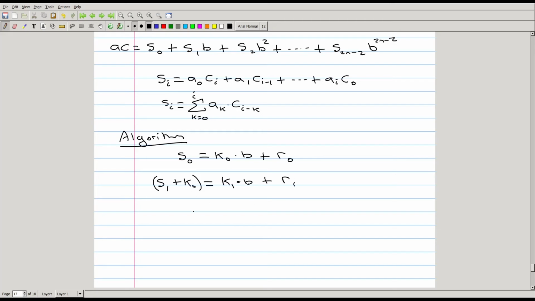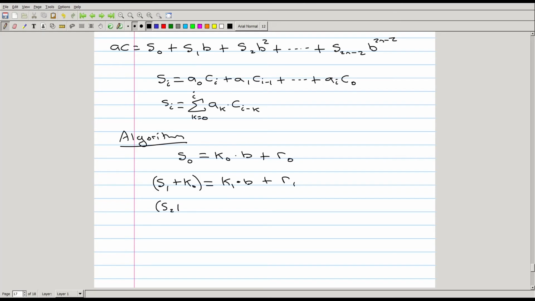And then when we divide S1 plus K naught by B, this will give us just an R1 for our first entry in this number, and then carry over K1 times B into the next iteration.